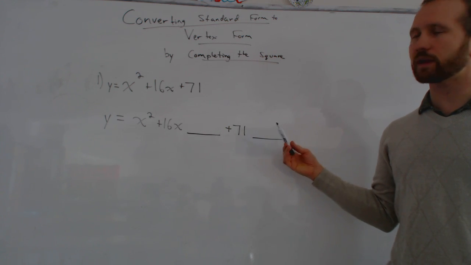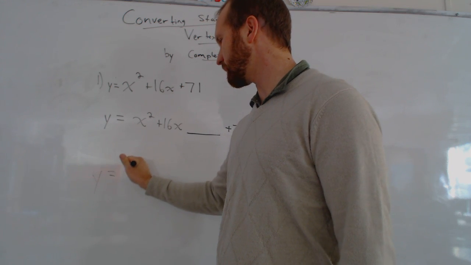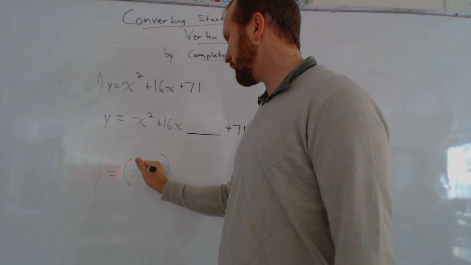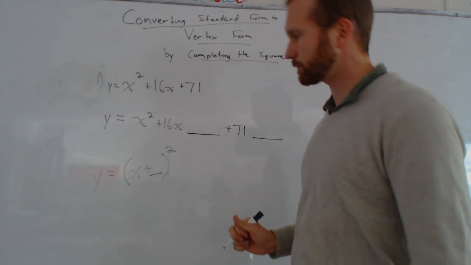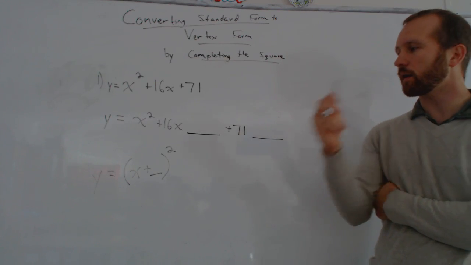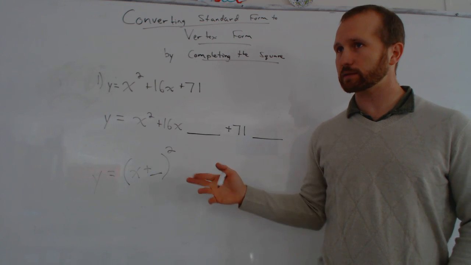We know that in vertex form, we want to have something that says x plus a number, squared. It might be a minus, and this one it's going to be plus.